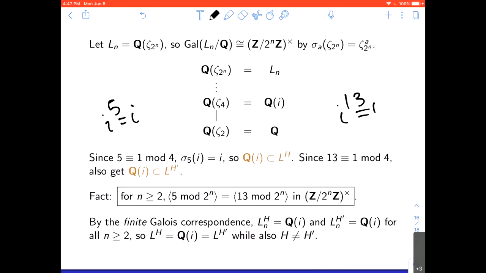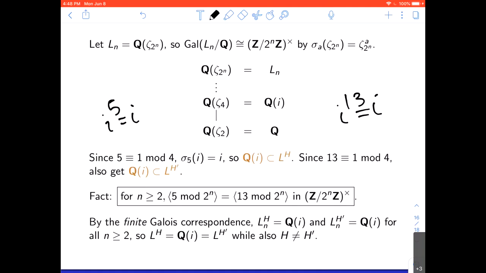And so the fixed elements have to occur at a finite level, and that makes them fixed by the powers of 5 and the powers of 13. So they fix the same stuff. In fact, what they fix is exactly Q adjoin i. And so even though the subgroups are different, they have the same fixed field.